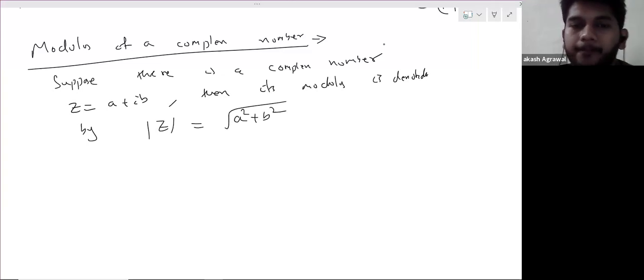All right, very simple. Just take the coefficients, square them, add them, take the square root. You will get the answer. Very simple. Note it down.